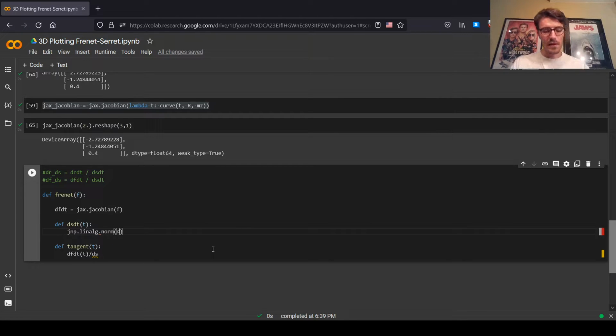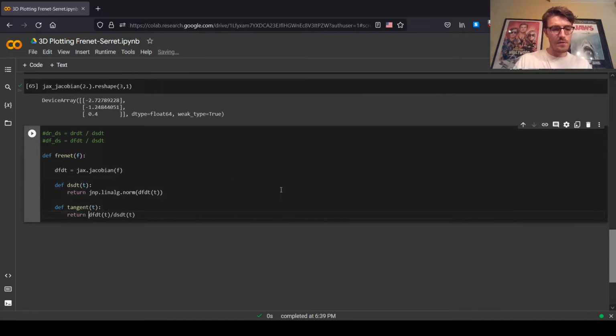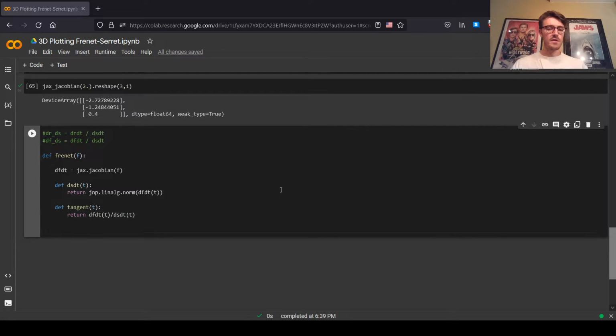So then we want to supply that df dt as a function of t. This function needs to return that. Okay, now we can come here and we have our ds dt built in, define that up here, and this needs to also return. Okay, so now we have our tangent function.